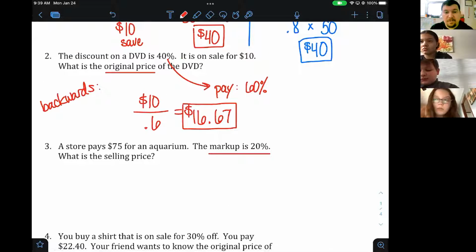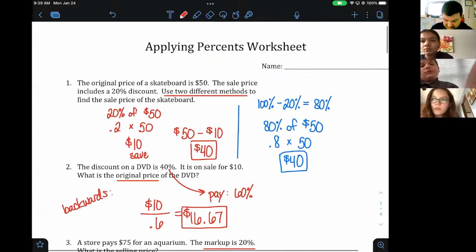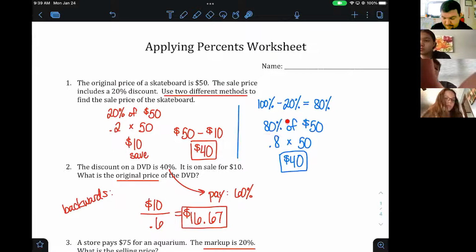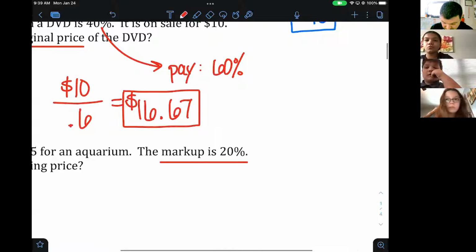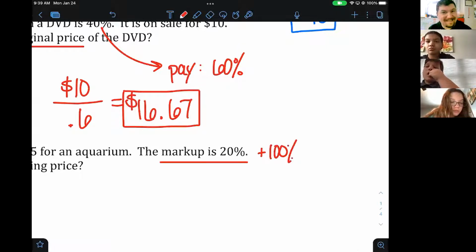Okay, so there's also a shortcut for markups. Now, we said the shortcut for a discount is if something is discounted 20%, that just means you're going to pay 80% of the price. You can subtract away from 100 because discounts save you money. But since markups increase the price, take this 20% and add it onto the 100% full price that they paid for it.